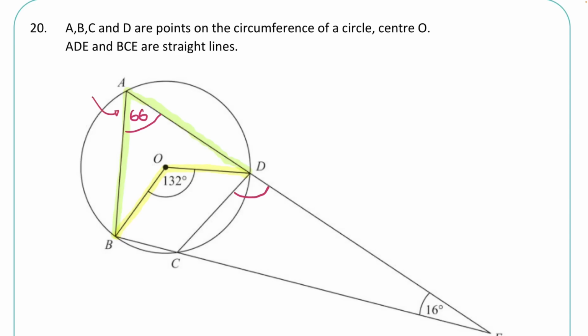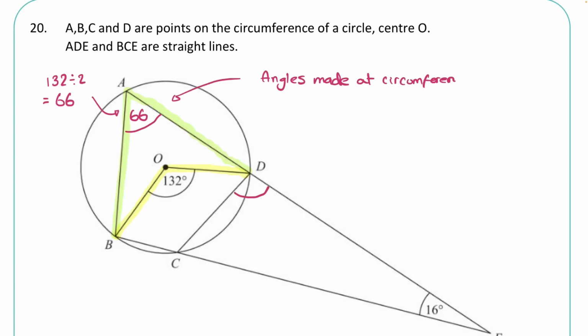Now I'm going to write my working out down next to that, 132 divided by 2, and that's equal to 66. Now of course it says that I need to give all my reasons for each stage of my working. So somewhere next to that I need to write down the rule, which is angles made at the circumference. There's lots of different ways that you can write this down. You don't have to write it down in the exact way that I am.